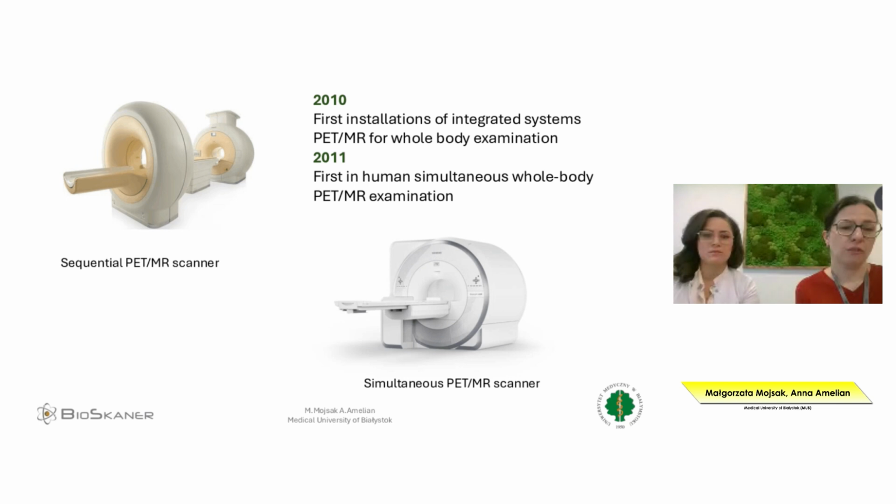So here you can see that the resonance is now in one equipment, together with the whole scanner here. But before we had a sequential PET-MR scan, so the PET part and MR part were a little bit apart from one another.